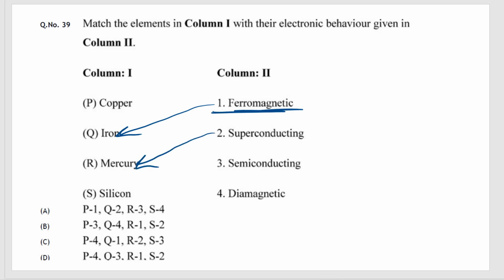Superconducting we have mercury at 4 Kelvin, below 4 Kelvin. Semiconducting, we know silicon is a semiconductor. Then diamagnetic means which does not attract with a magnet, so this is copper. So P4 Q1 R2 S3, so option C here, right?